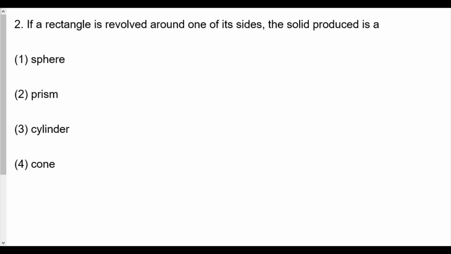Question number 2. If a rectangle is revolved around one of its sides, the solid produced is going to be which of these four: sphere, prism, cylinder, or cone? Well, let's take a rectangle here, ladies and gentlemen. We're going to rotate this rectangle about one of its sides. We're going to pick this side here.